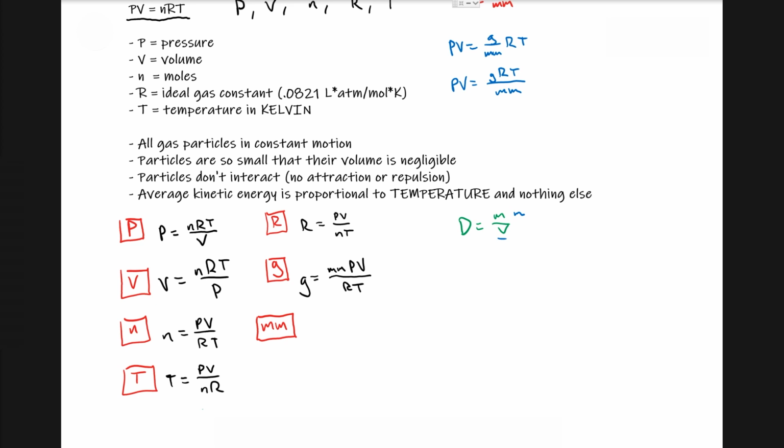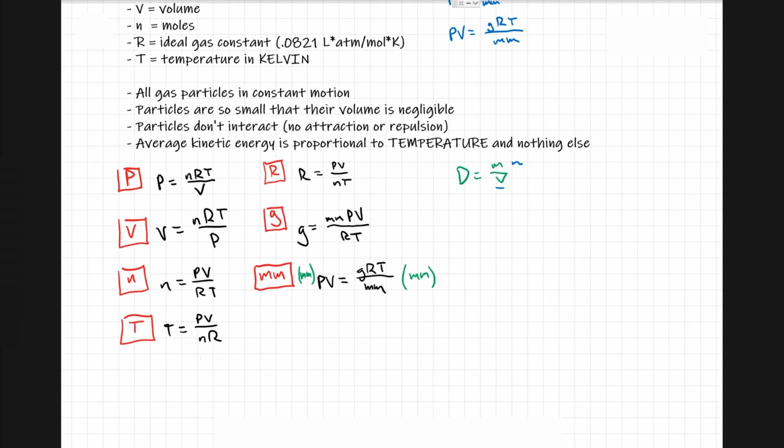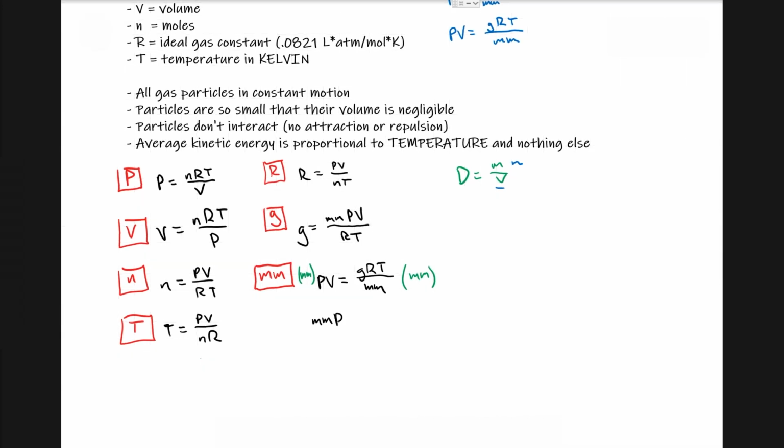Let's use our new ideal gas law again. PV equals GRT over molar mass. So to isolate molar mass on one side, all we have to do is multiply both sides by molar mass. That's going to give us molar mass PV equals GRT.